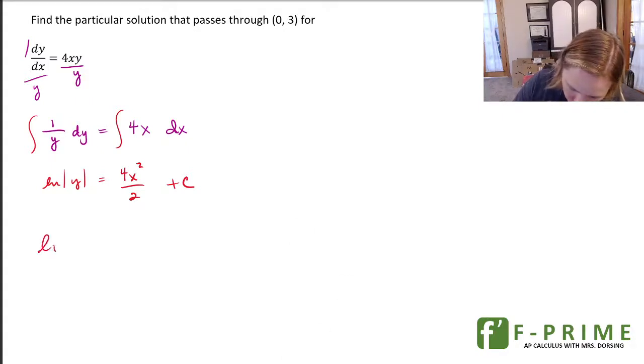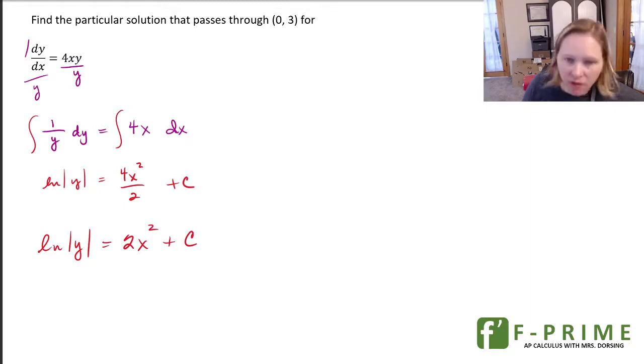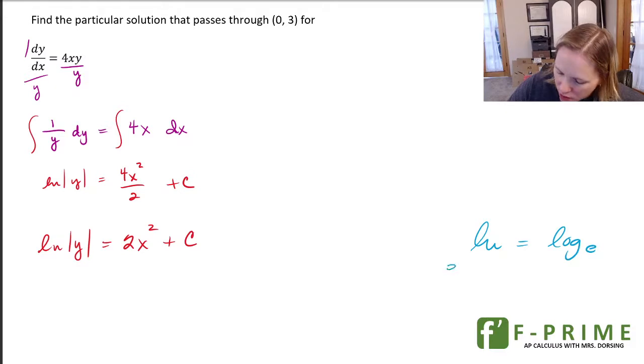Well, the first thing I'm going to do is rewrite it like this, 2x squared plus c. And then when I solve a natural log problem, I'm going to raise both sides as an exponent of e. That's really what I'm doing, because remember, natural log is log base e. So when I raise e to the ln, it cancels away, and you're left with whatever you're taking the log of.